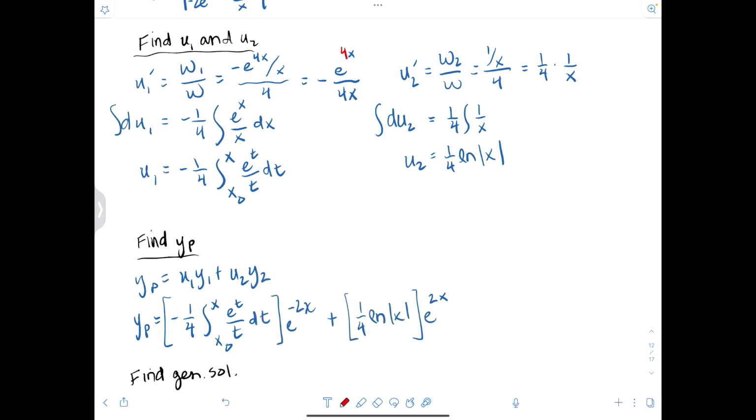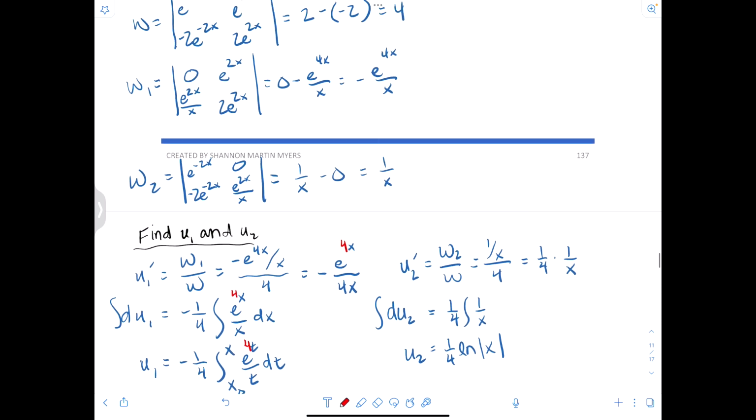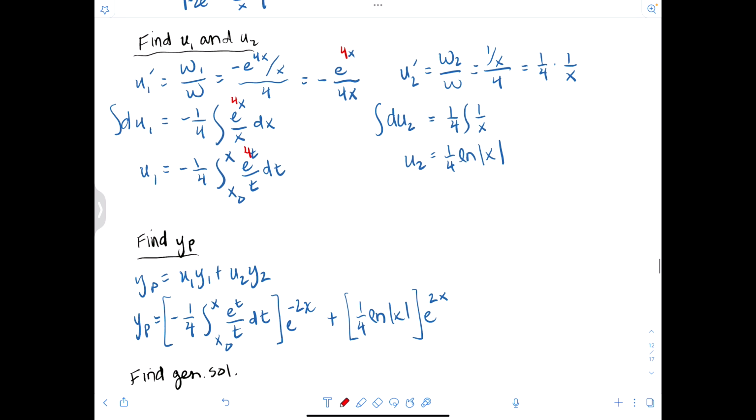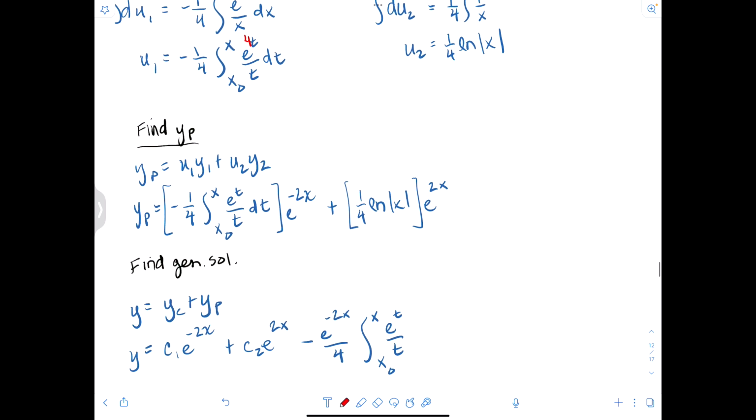That should have been e to the 4x, which would make these all 4s. So that would make this 4t. My apologies.